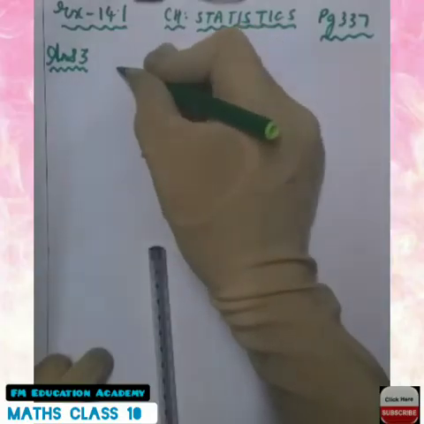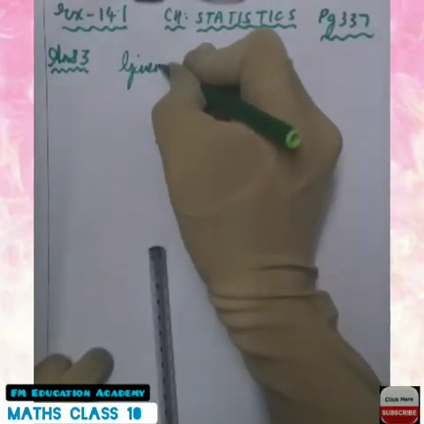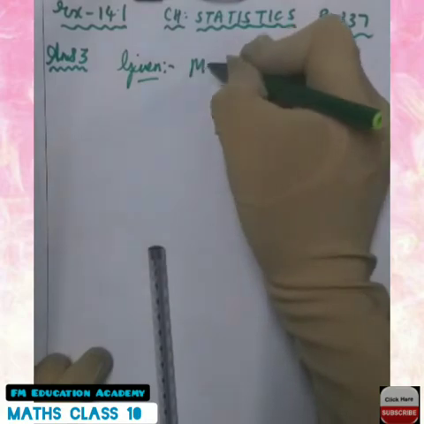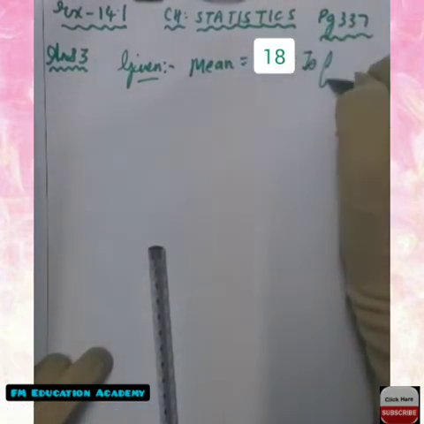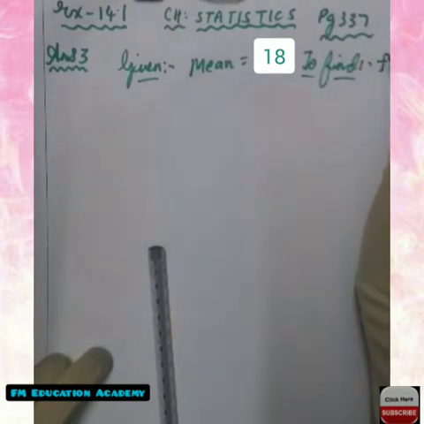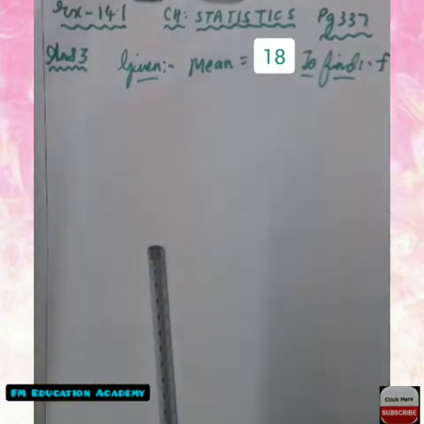So in this question, the mean is given as 18 and I have to find out the missing frequency, which is indicated by f. So here I have to find out the value of f. Two columns are given to us.